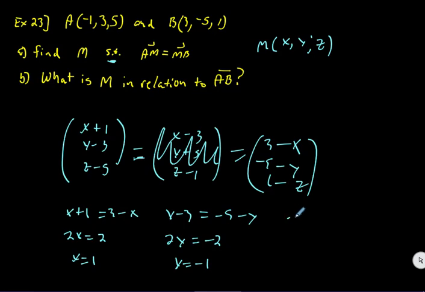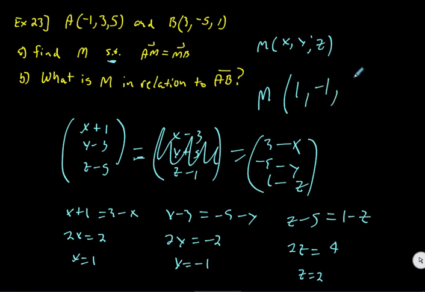And then z minus 5 equals 1 minus z. Then I'm going to have 2z equals 4, and then z is equal to 2. So what is M equal to? It's 1, negative 1, 2.